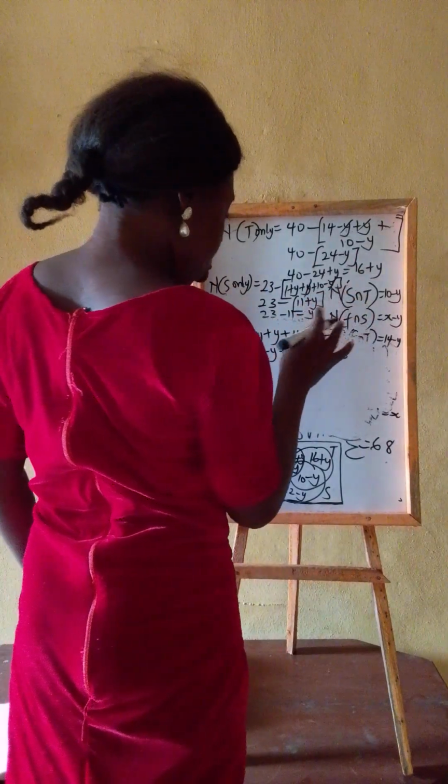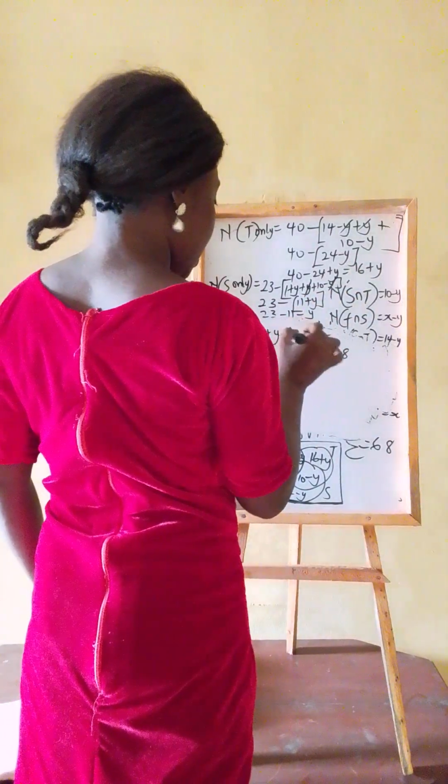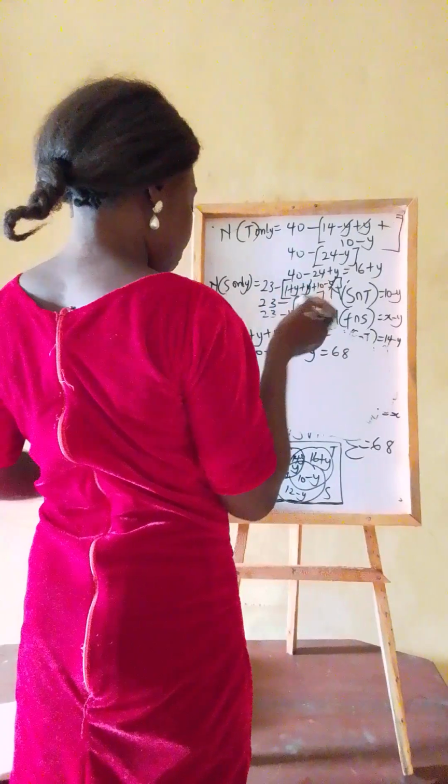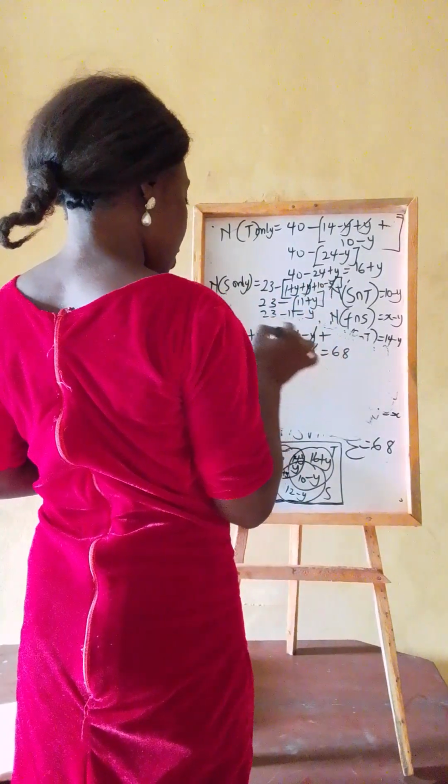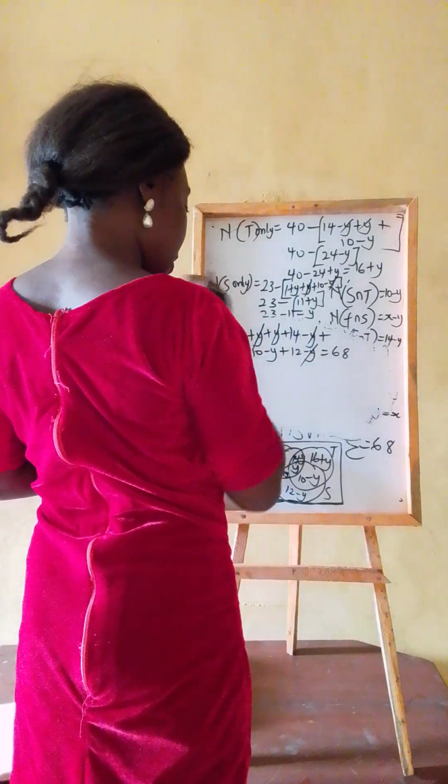Let's check very well. I think this is 14 minus Y. This is 14 minus Y. So we cancel those that we can cancel. This cancels this. This cancels this.